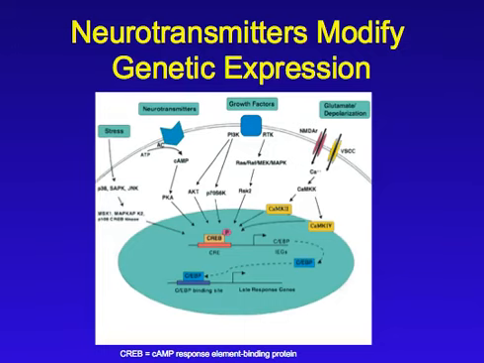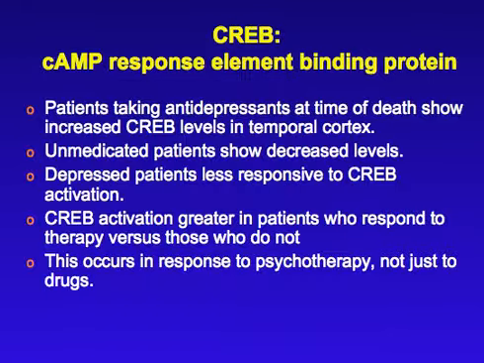It goes and binds a promoter gene right over here, which then results in transcription of an important protein. That new protein that's being transcribed then goes on and does some of the work of reconfiguring the monoaminergic synapse and architectural system. So we know patients taking antidepressants at the time of death show increased CREB levels.